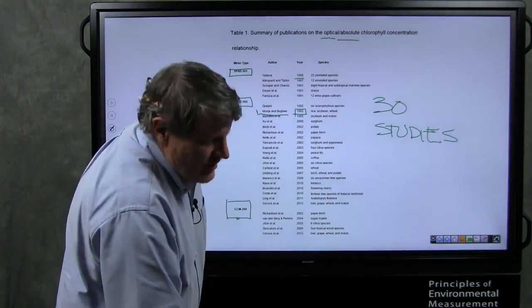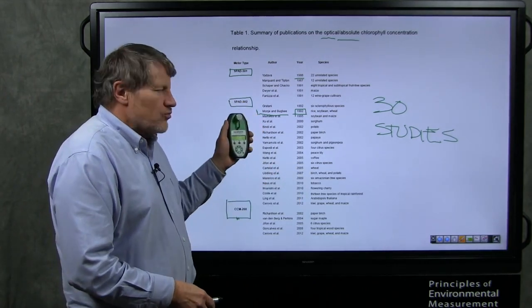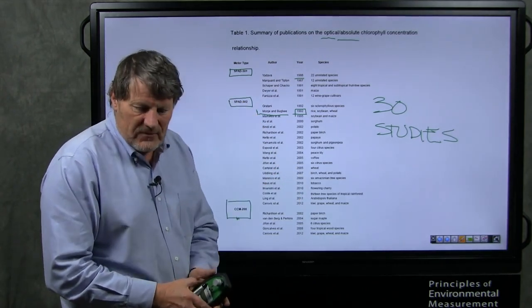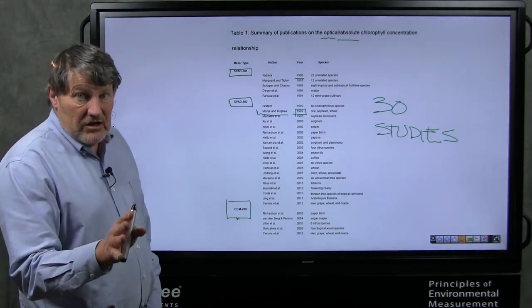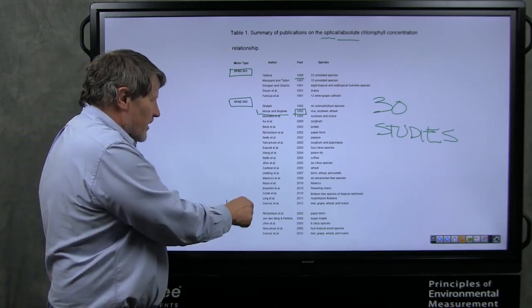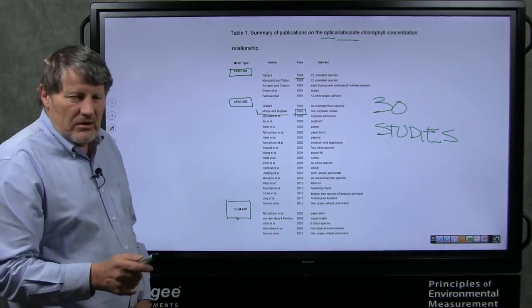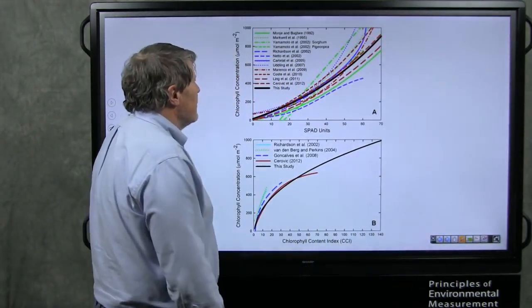In other words, the relationship between what this meter can read and the true amount of chlorophyll in the leaf. We know this relationship is nonlinear, which is one of the big problems. But the first thing we looked at was, all right, how do these studies agree? They're on all different species, so let's take a look at that.